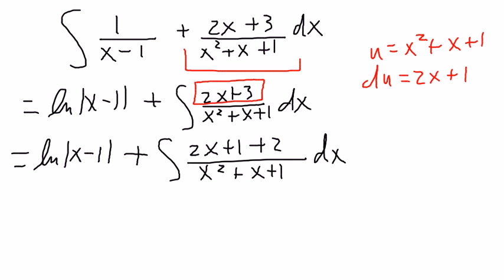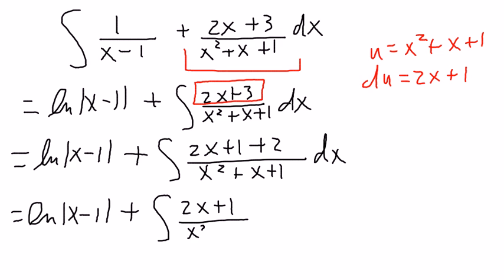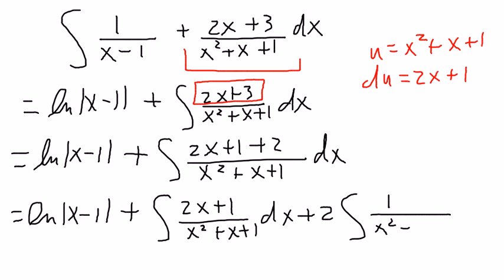Okay, and then of course you can split fractions at the numerator but not the denominator level. So this is the integral of 2x plus 1 divided by x squared plus x plus 1 dx plus, and then 2 times the integral, so I'm taking the 2 out in front, 1 over x squared plus x plus 1 dx.